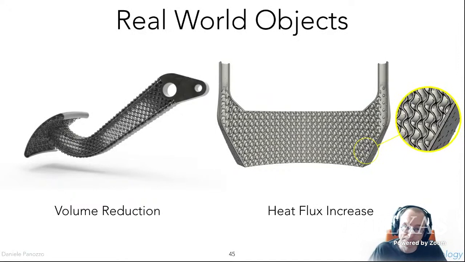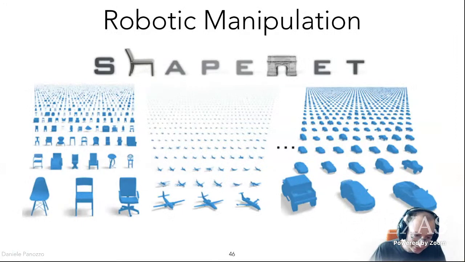This is a device, a dissipator, where you can use this to transfer heat from air to a liquid. And so there are many cases where automated simulation is useful. One is, for example, robotic manipulation, where you want to learn how to grasp a certain piece and you want to train it on a large collection of hundreds or thousands of variations of a geometry.